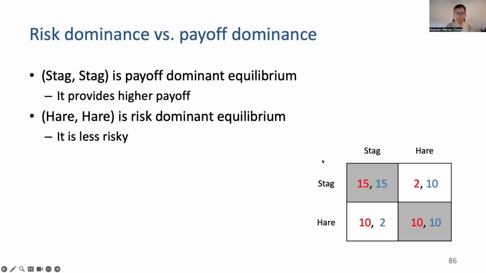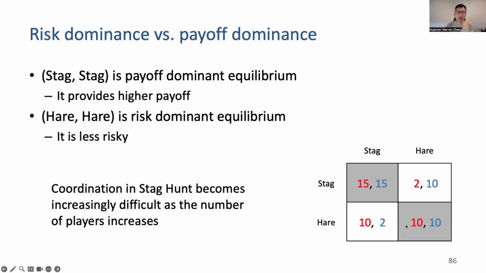So even though stag is payoff dominant and provides a higher payoff, playing hare is less risky and gives you some guaranteed payoff. So it's actually not obvious that people would coordinate on stag. We'll see in the next slide the result of your actual play.